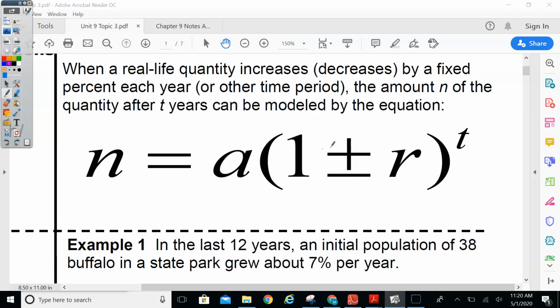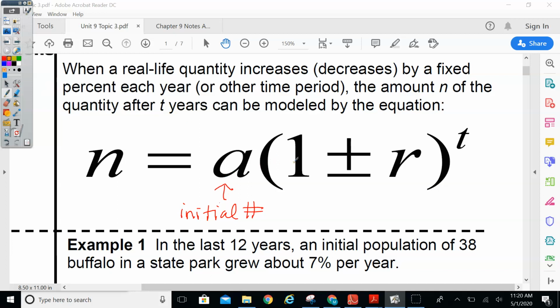Okay, but this is what the general equation looks like for an exponential growth or decay. The A value here is your initial amount. So whatever your initial number is, either the initial population or the initial money you start with, or whatever the starting amount is, that's the number that goes here.